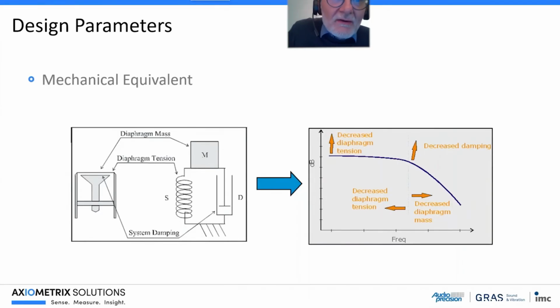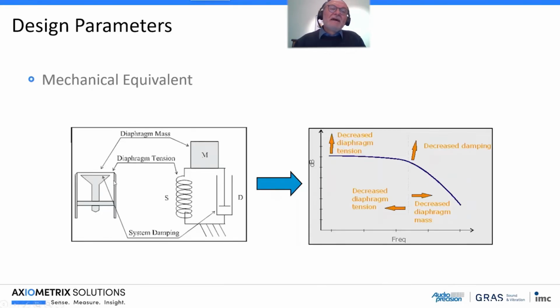When we are talking about the design parameters, we also have to look at the mechanical equivalent for the microphone. It can be drawn like we have here, consisting of a spring, a damping, and a mass.